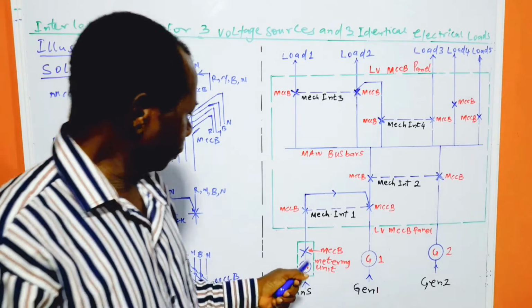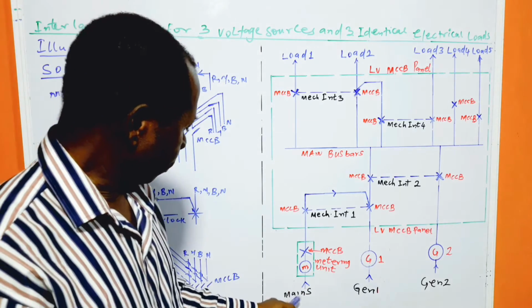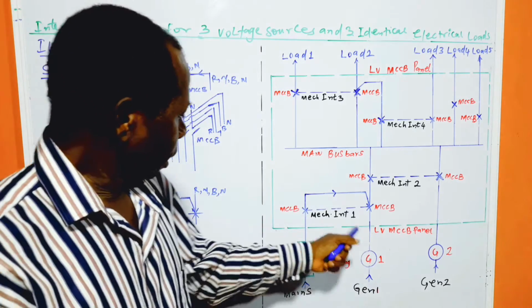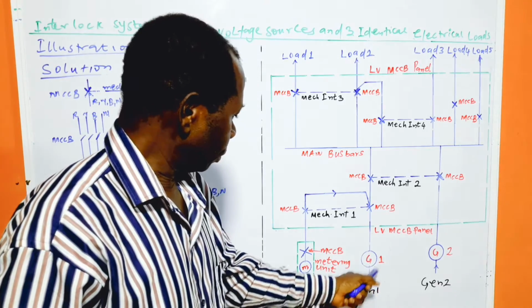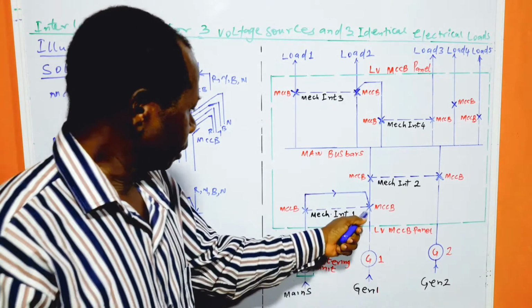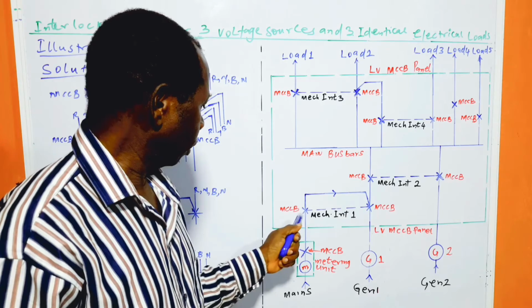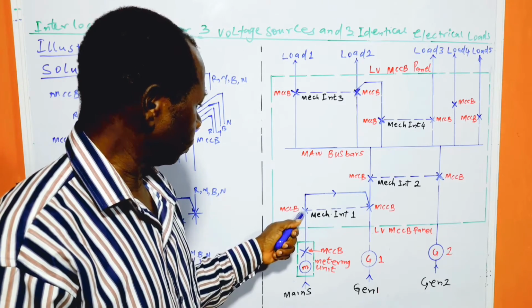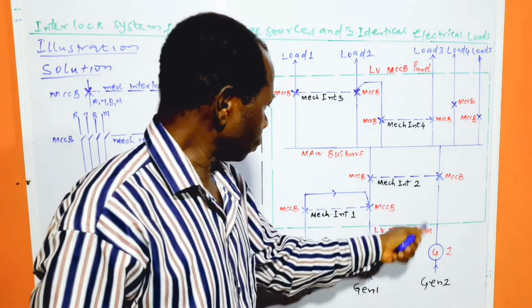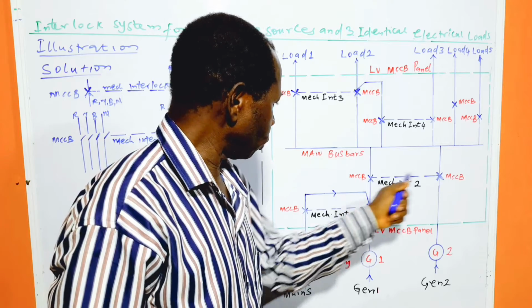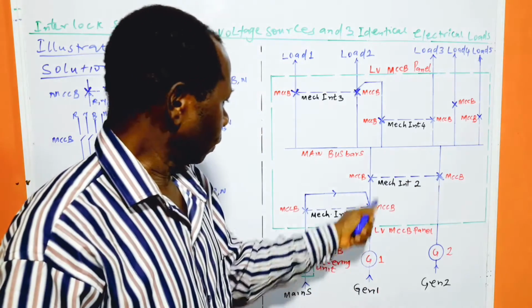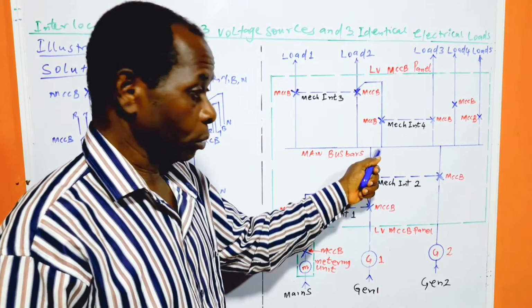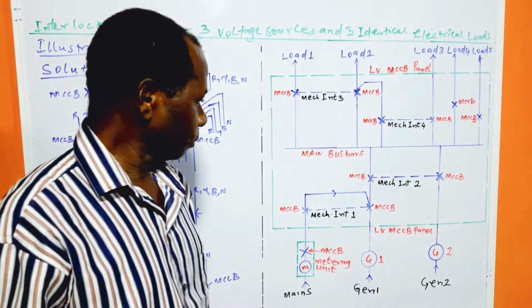Okay. Now, if there is mains failure and generator 1 is to be selected, this circuit breaker will be closed, and automatically this one will open. And also this one will also close, and this one will open. So, there is power supply to the bus section here.